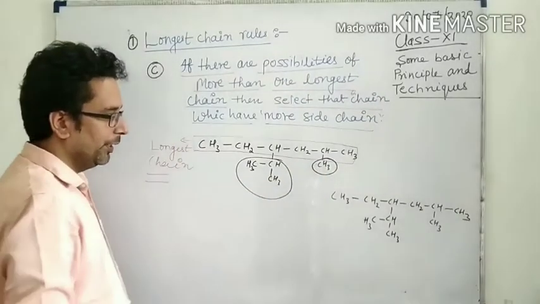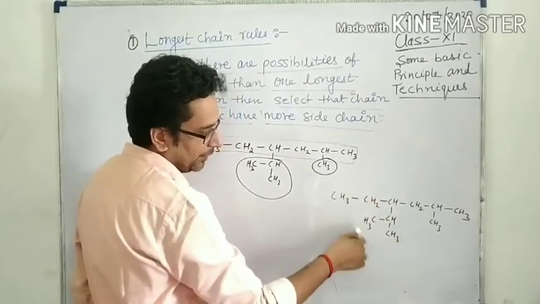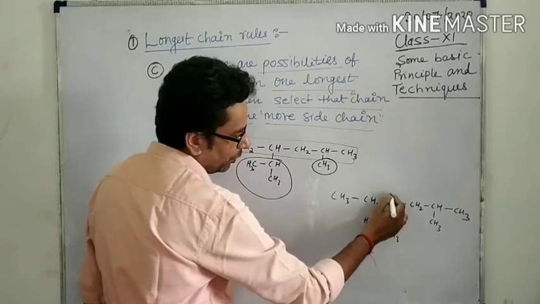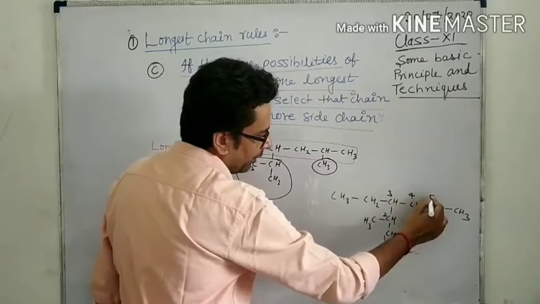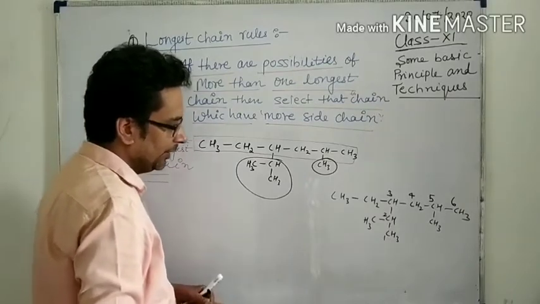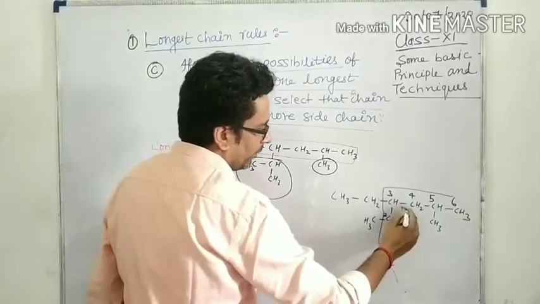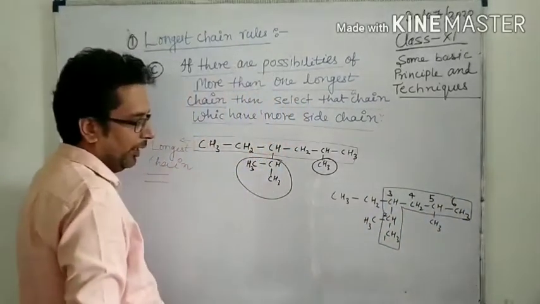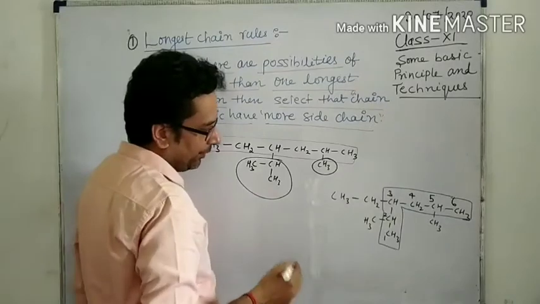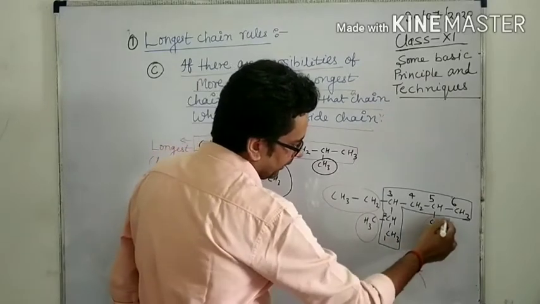Okay. Now look here. This is the same compound. In this, if we select the longest chain of carbon in this way, 1, 2, 3, 4, 5, 6, then this is the longest chain. When we take this longest chain, then we have three side groups.